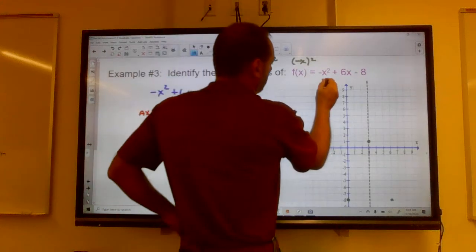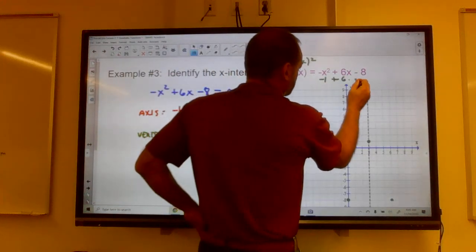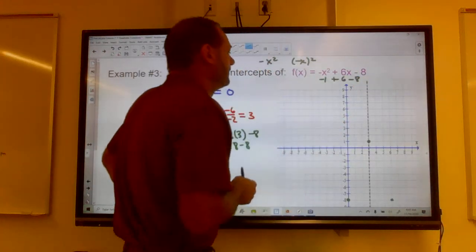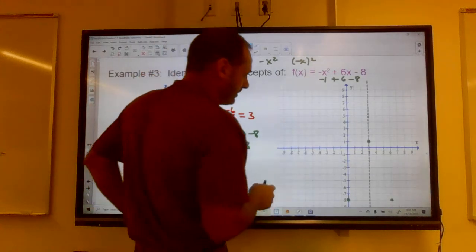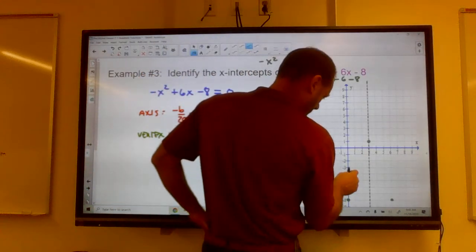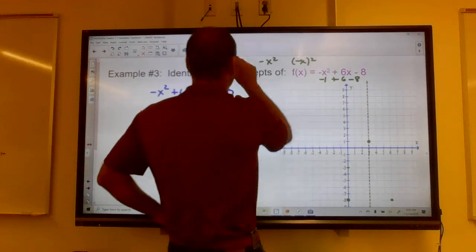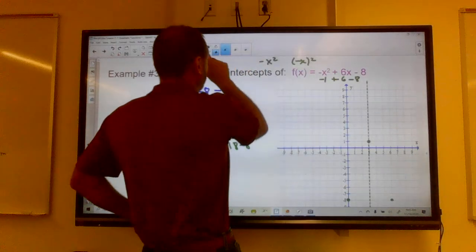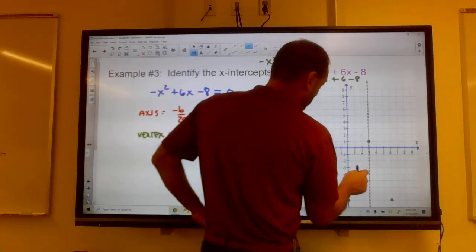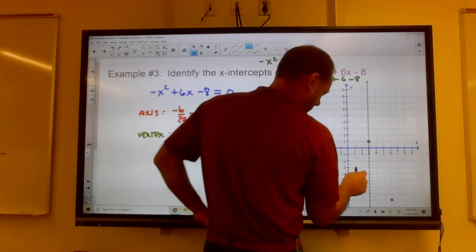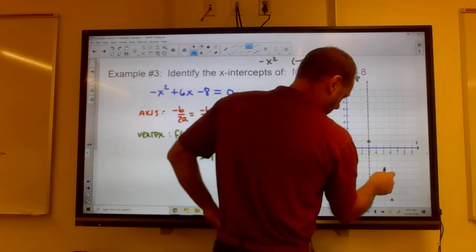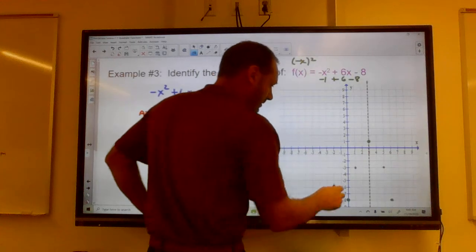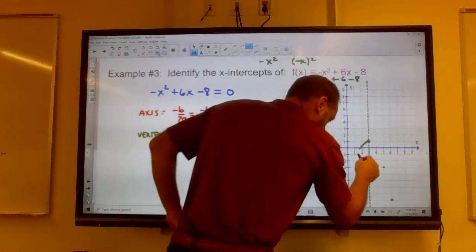If I plug in 1, I get -1 plus 6 minus 8, so that'd be -3. 1 is going to give me -3 right here. I'm also going to have -3 right there because it's symmetric. And so I draw my graph.